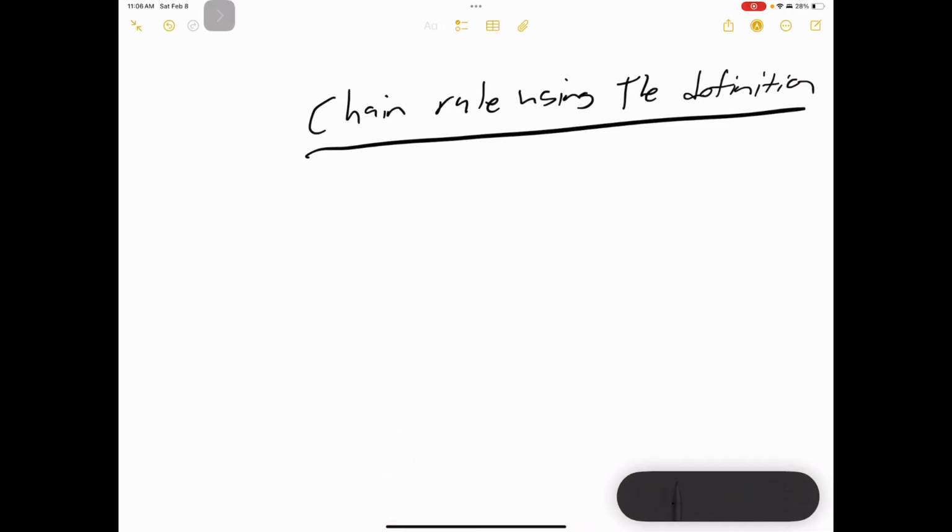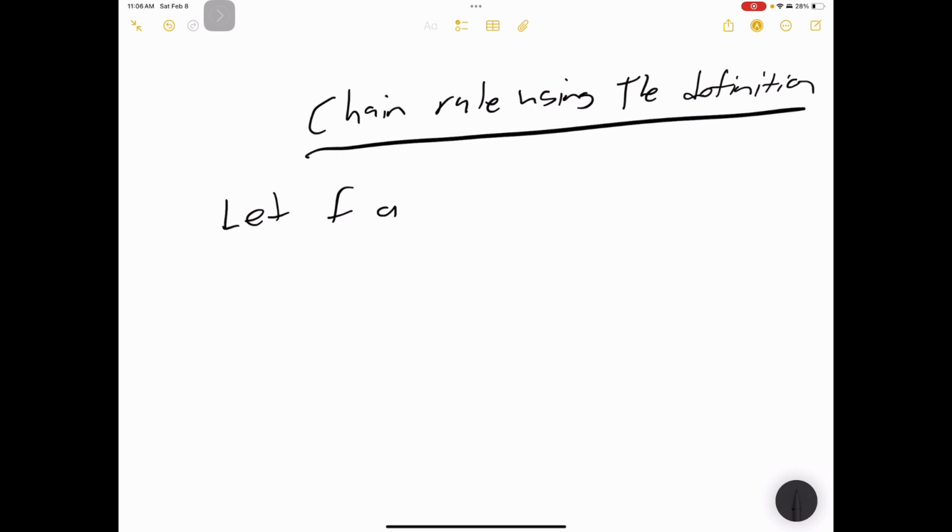Let's define the chain rule and then use it in a couple examples. So the definition of the chain rule is going to be: let f and g be functions. For all x in the domain of g where g is differentiable, but we'll talk about those kinds of things later.